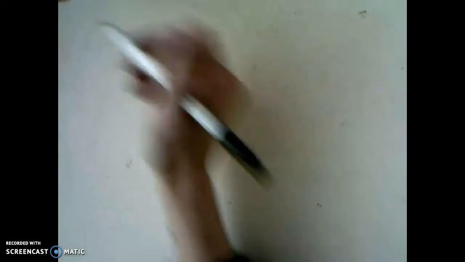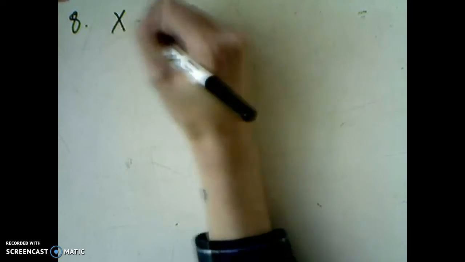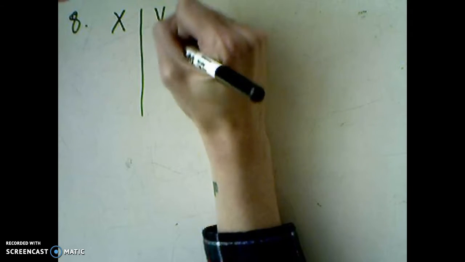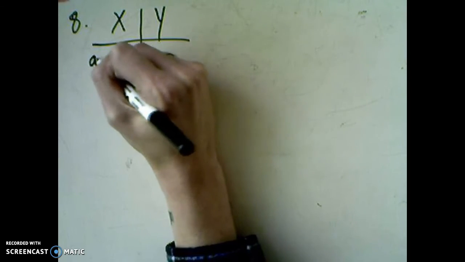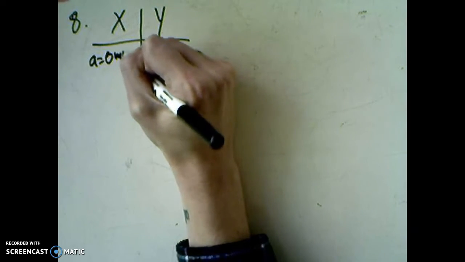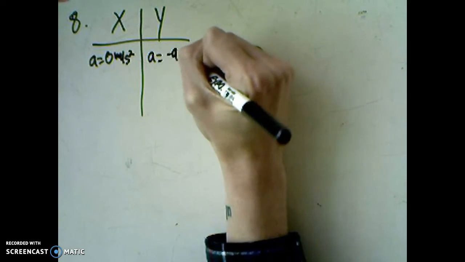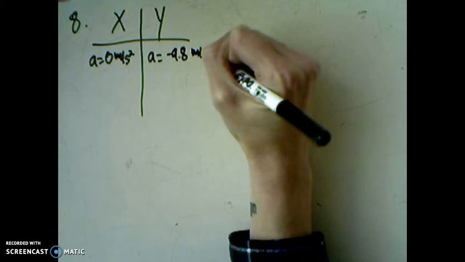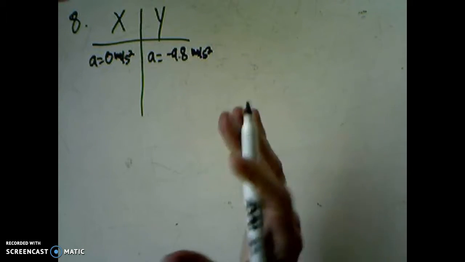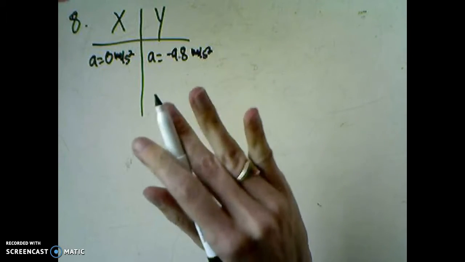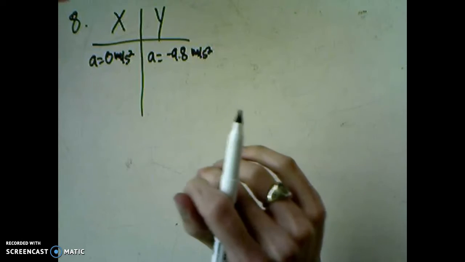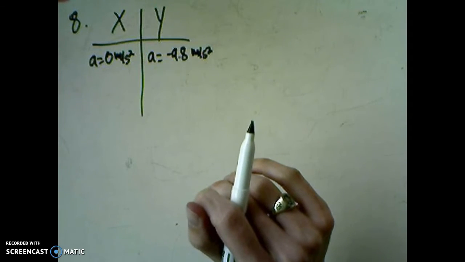All right, so for number 8, let's set up what we know. Let's set up our x and y's. We know as per usual that a is 0 in the x direction and negative 9.8, assuming we're on planet Earth. Now, it doesn't say that we are, but it doesn't say that we're not. And 99% of the time in this class, we will be solving problems on Earth.